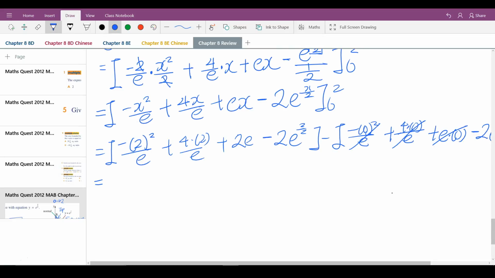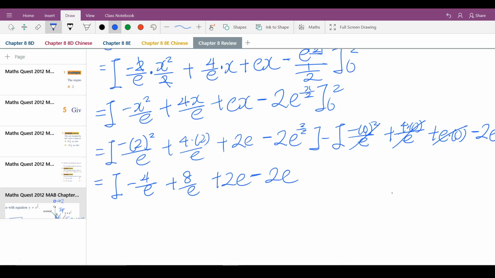Okay. So this one becomes negative 4 over e plus 8 over e plus 2e minus, now that's just 2e. e to the power of 1 is just e, so this 2 cancels. Good.